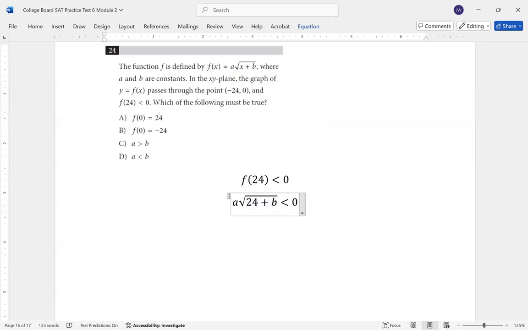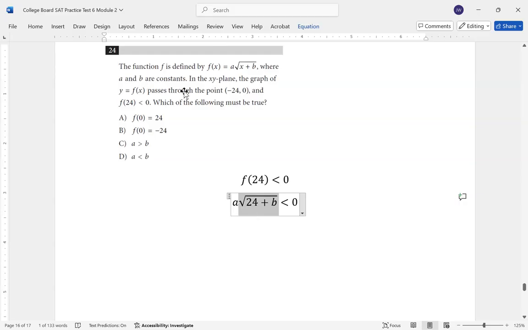A and b are constants. This is the positive square root. So that means this expression's got to be positive or imaginary. And we're not using imaginary.